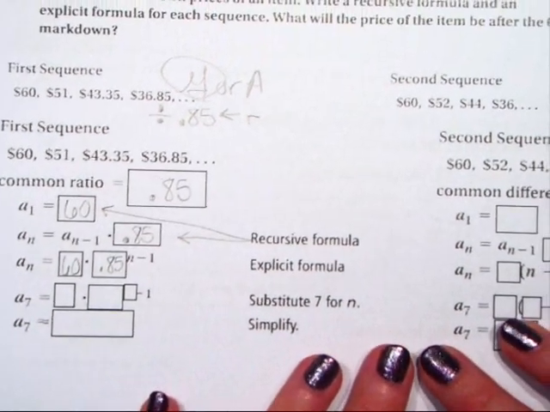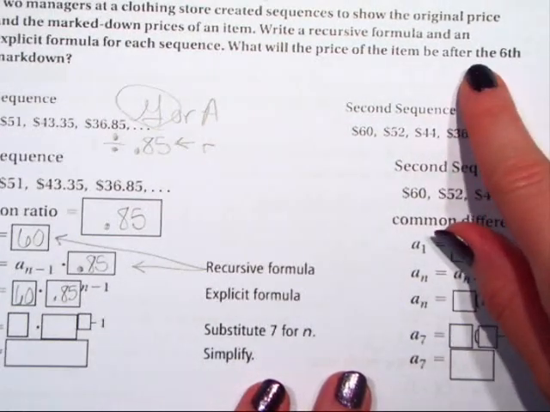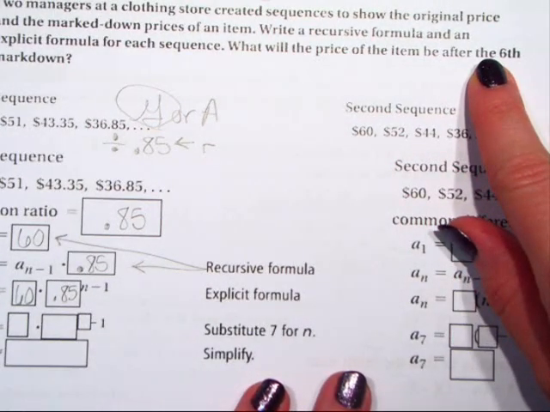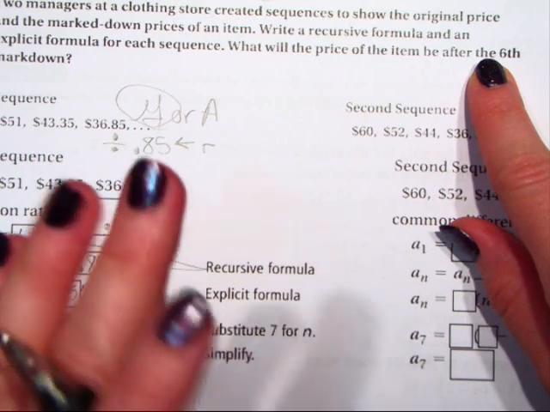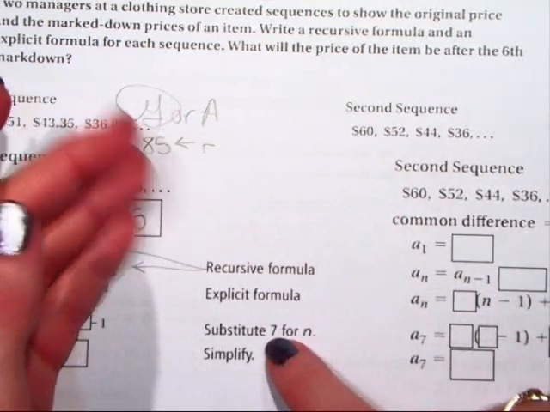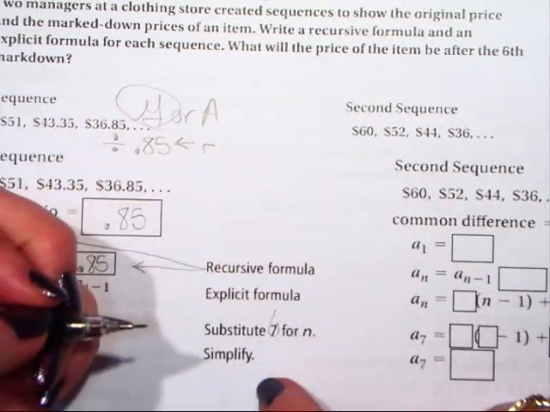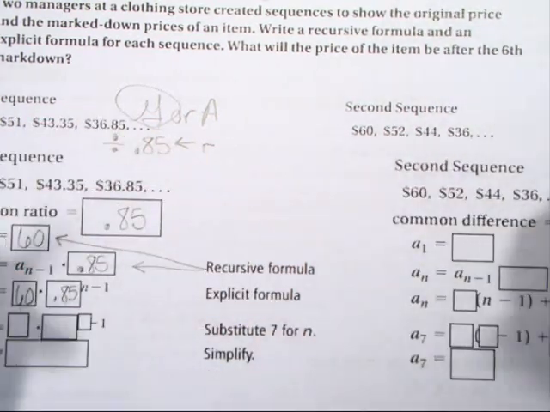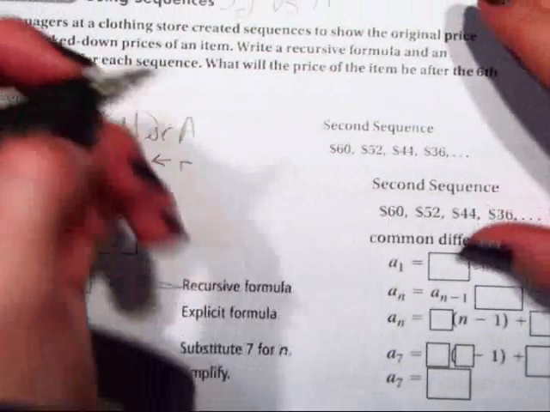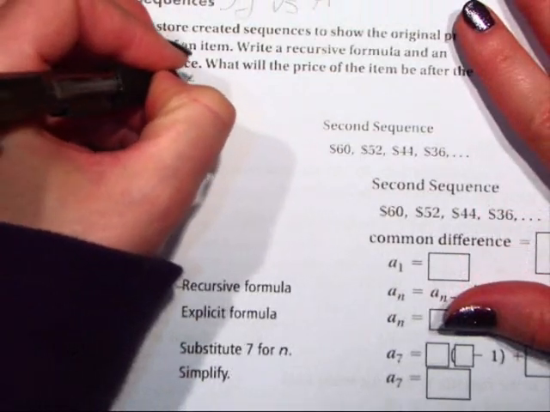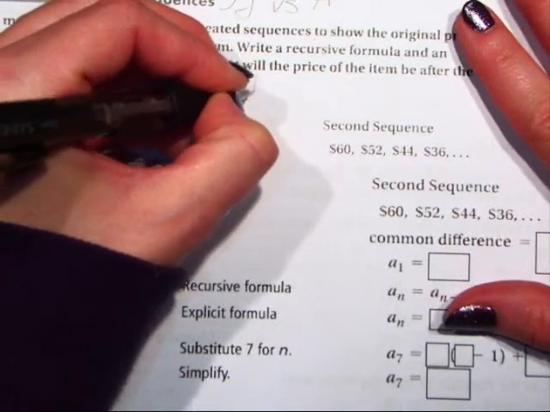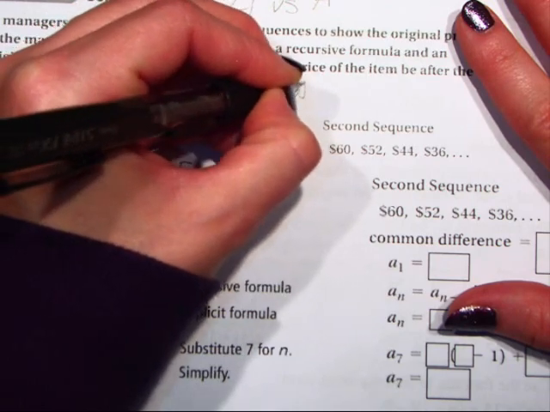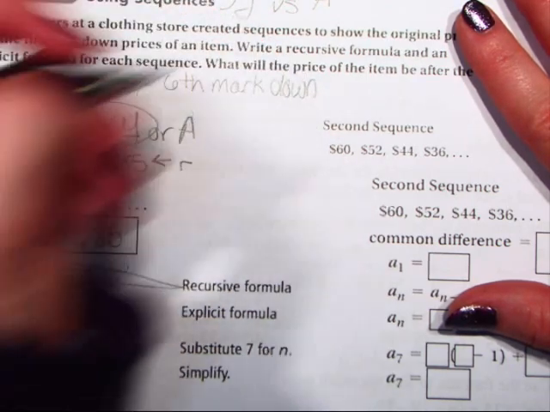Now, they ask us to find it after the 6th markdown. Many, many, many people are going to want to substitute in a 6, right? Because you're like, well, it's the 6th markdown. I hope you're listening very well. Even though it's the 6th markdown, that's not the 6th price.